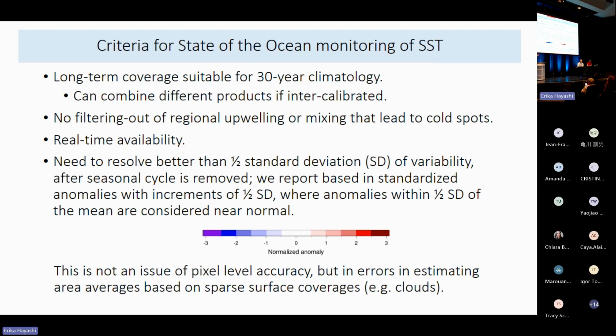Everything within half a standard deviation of intraannual variability will be near normal, so white, and anything warmer red, and so forth. At the pixel level, this is really easy, but when you go to ensemble averaging you get more errors. We'll come into this later.